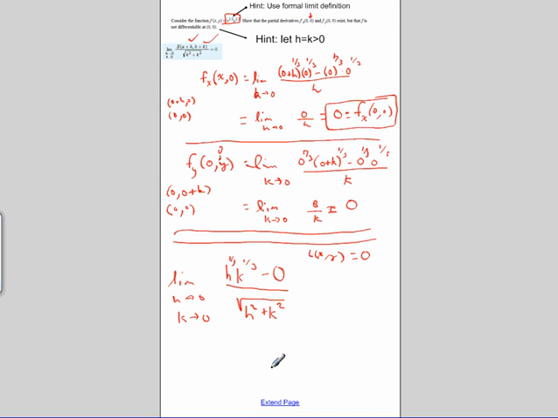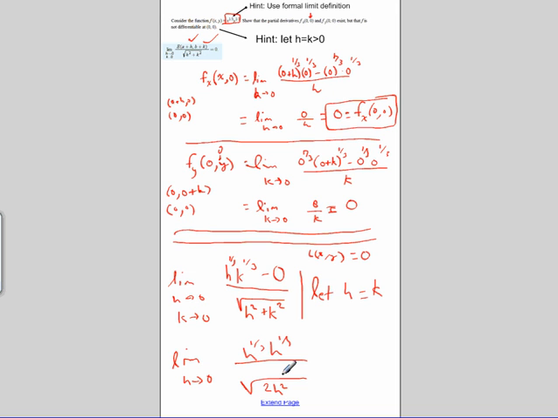Okay, well, the trick here to solve this is since h and k are both approaching 0, let's let h equal k so that we can simplify this a little bit. And then we get the limit as h approaches 0, but I'm just going to have it all in terms of h, of h to the 1/3 times h to the 1/3, all over root 2 h squared.